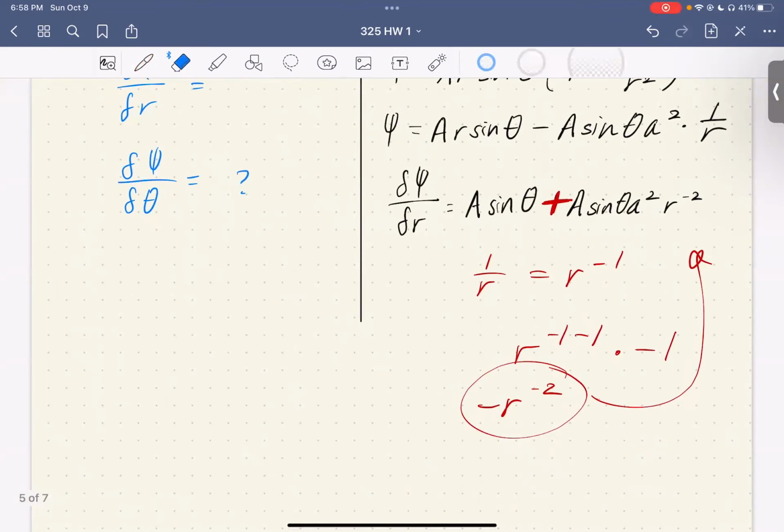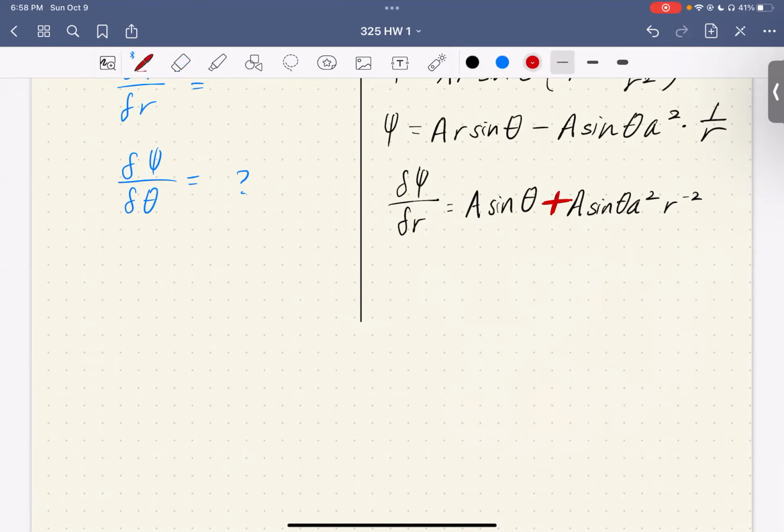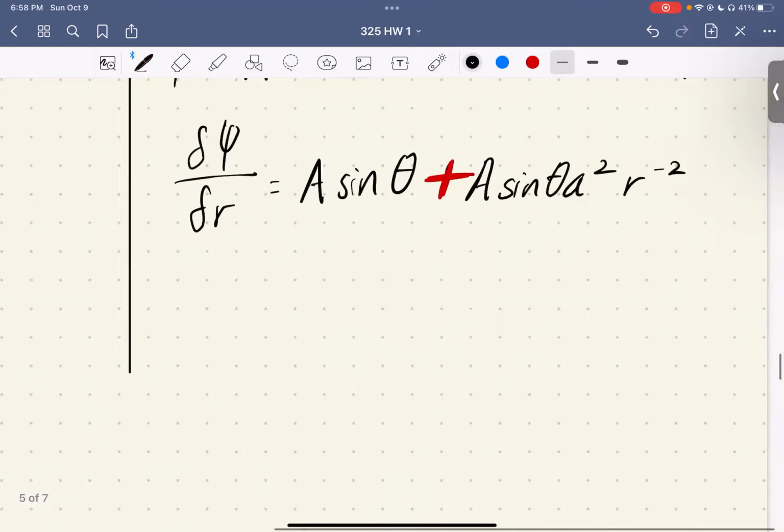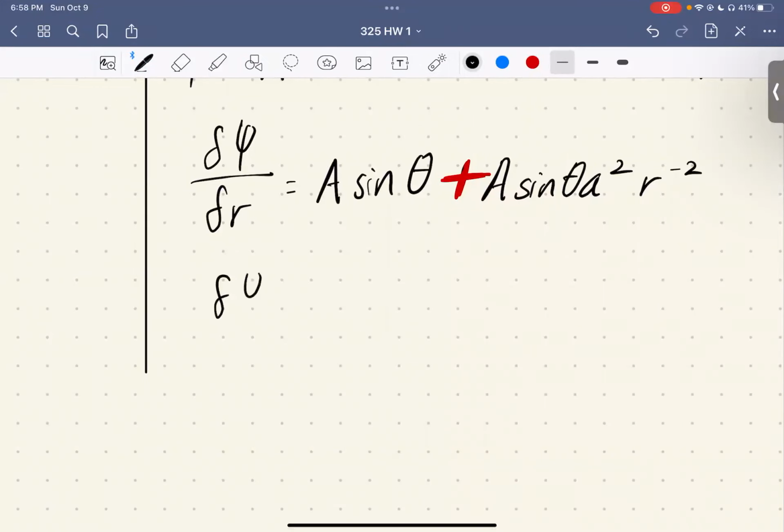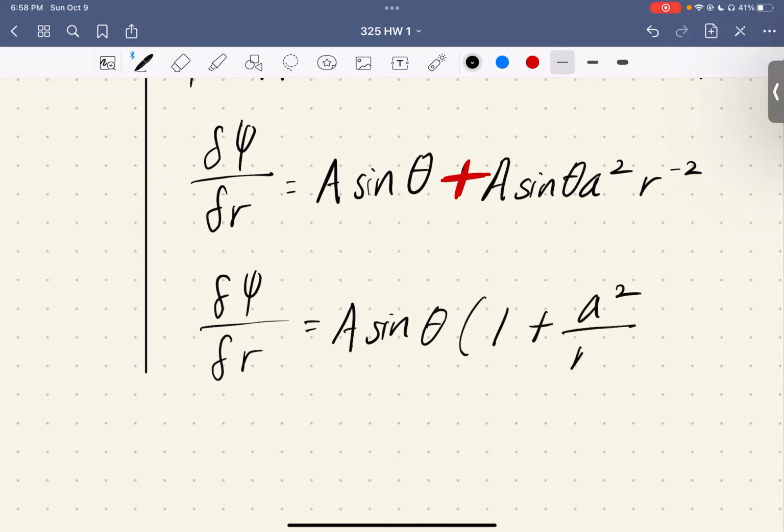Great. So when we keep going, we can simplify this even further. The partial derivative of phi with respect to r is going to be this expression. We can pull out that a sine theta, which means it's going to be a sine theta times 1 plus a squared over r squared.